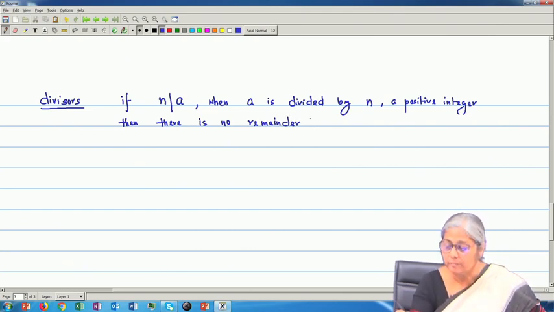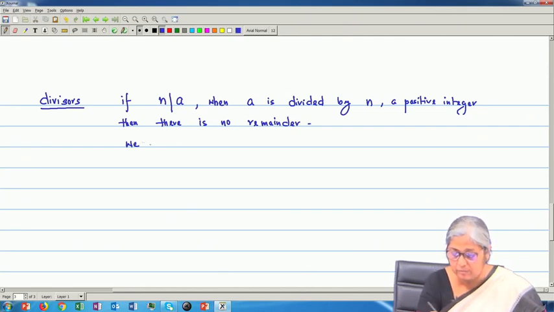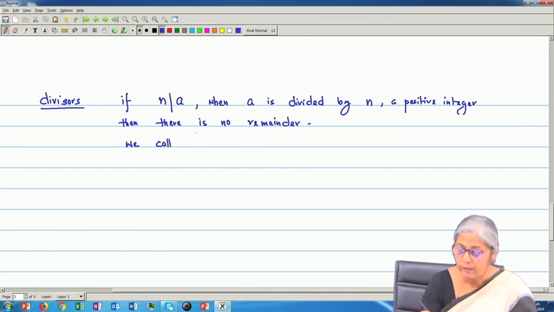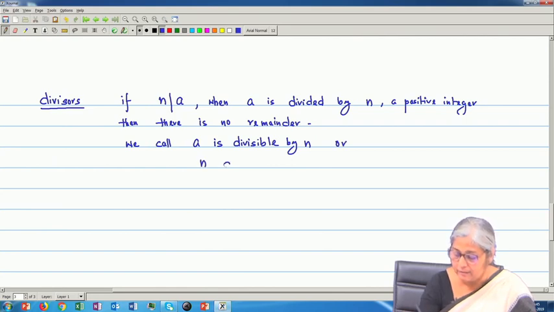We mention that A is divisible by n, or n divides A, and normally the notation is n divides A.